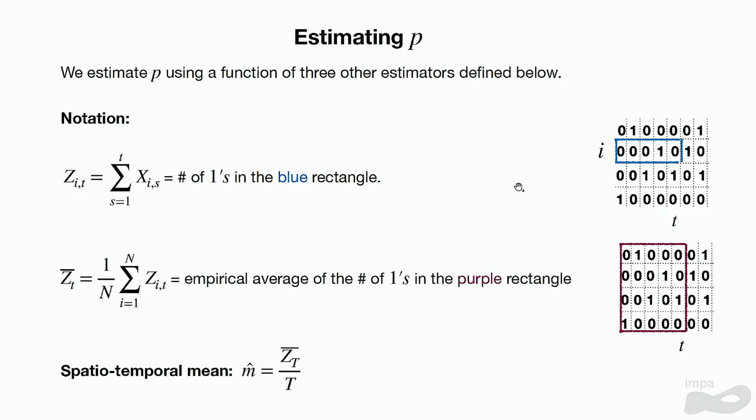Okay, so the first estimator is the simplest thing you can imagine. It's what we call the spatial temporal mean. So I take my time window capital T, and I compute for each coordinate how many signals each vertex has emitted from time 1 to capital T, and I do the empirical average, still divided by T. Okay, so that's the first thing.